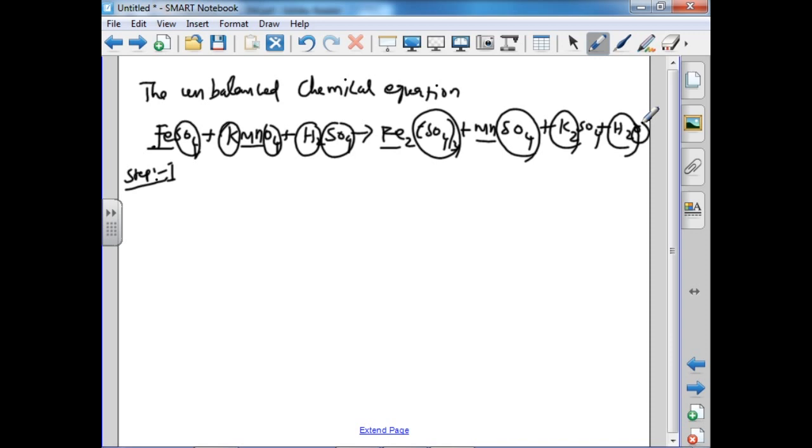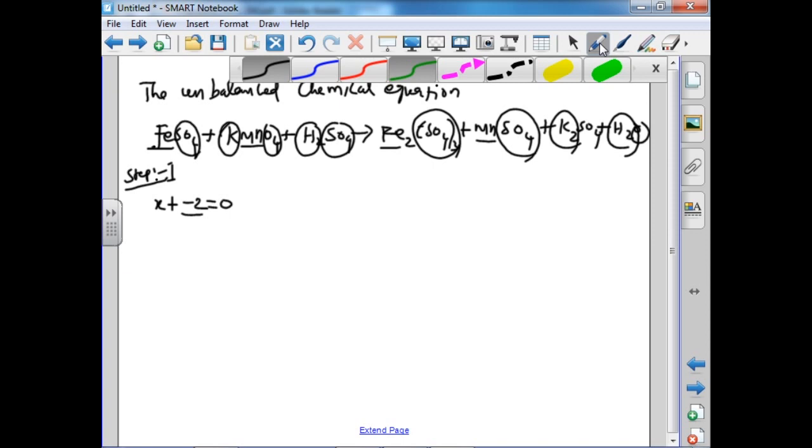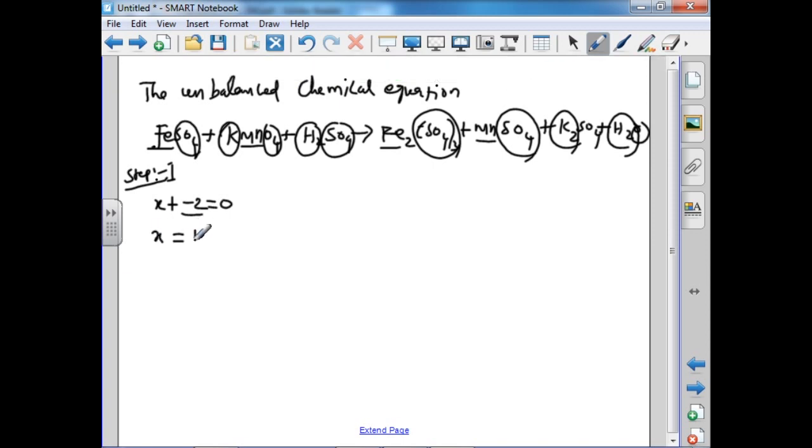So for Fe in FeSO4, Fe as X. So X plus minus 2 equal to 0. Minus 2 is the oxidation number of sulfate ion. So X equal to plus 2.